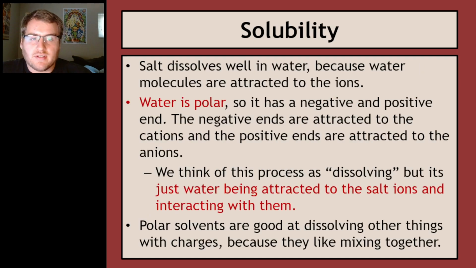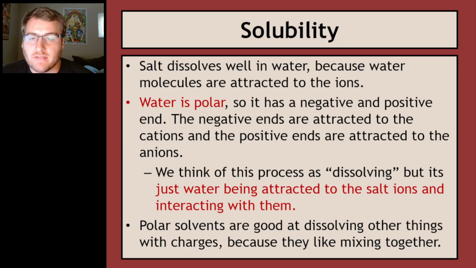Now, salt dissolves well in water because water molecules are attracted to the ions. Remember, salt is made of that lattice structure of sodium and chlorine ions, positive and negative charges. Water is polar, meaning it has a positive and negative end itself. The negative part of the water, the oxygen atom, is attracted to the positively charged parts of the salt, the cations.